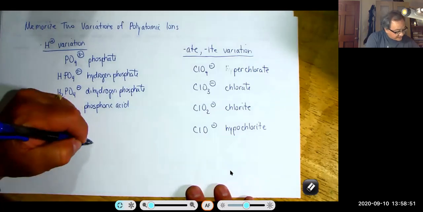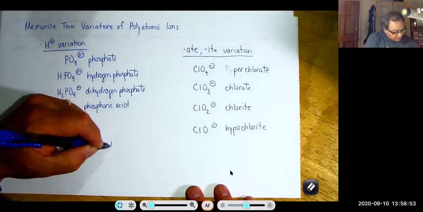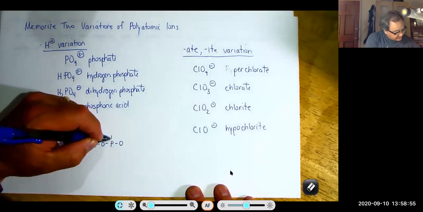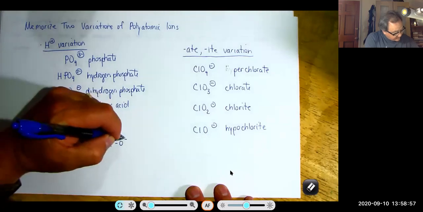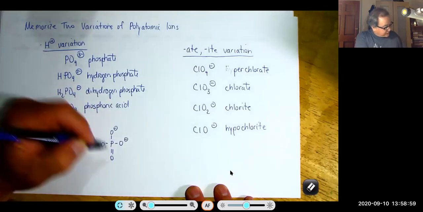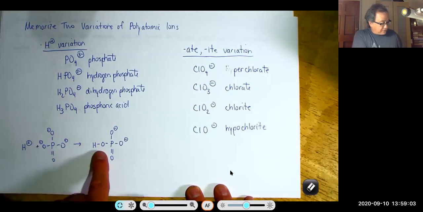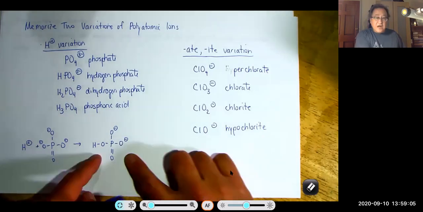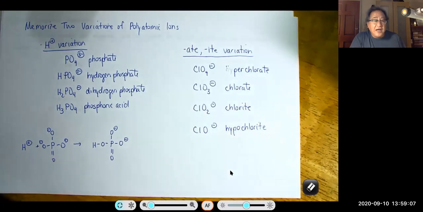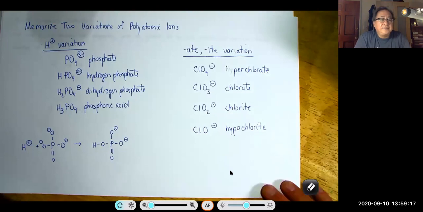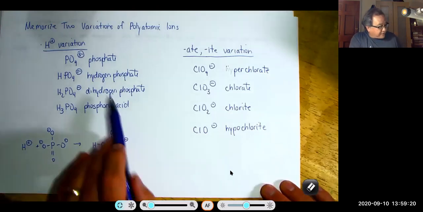And what happens is the hydrogen bonds to one of those oxygens, essentially neutralizing that oxygen, +1, -1, neutral. So now you end up with an ion with a -2 charge, and you don't end up with two pieces. So this is really interesting. Two ions combining together to make one big ion, okay? So that's how you make the hydrogen phosphate ion.